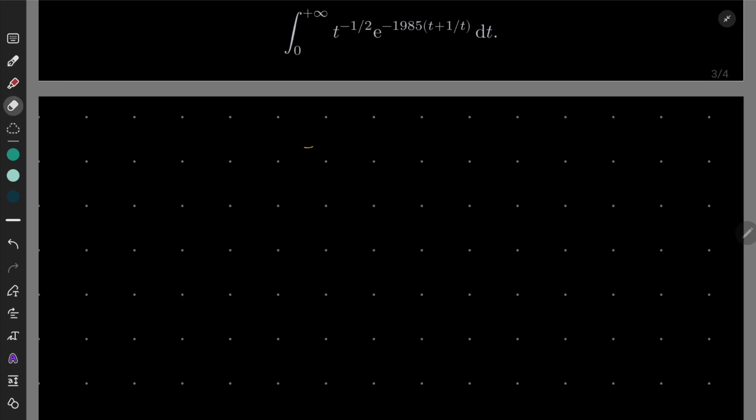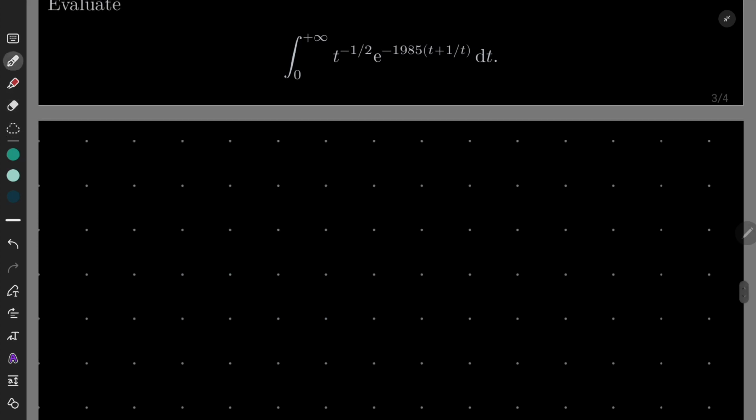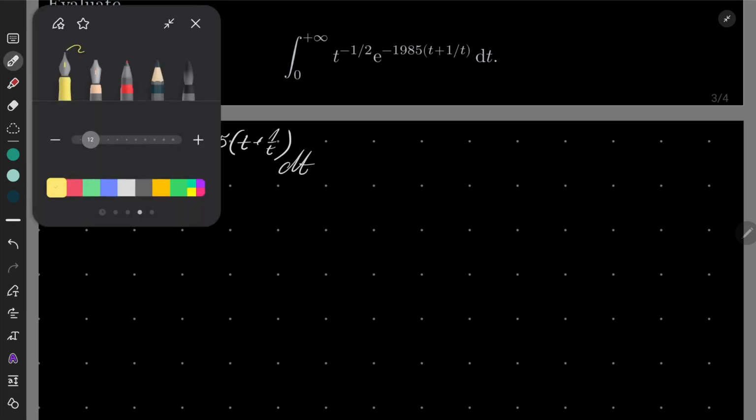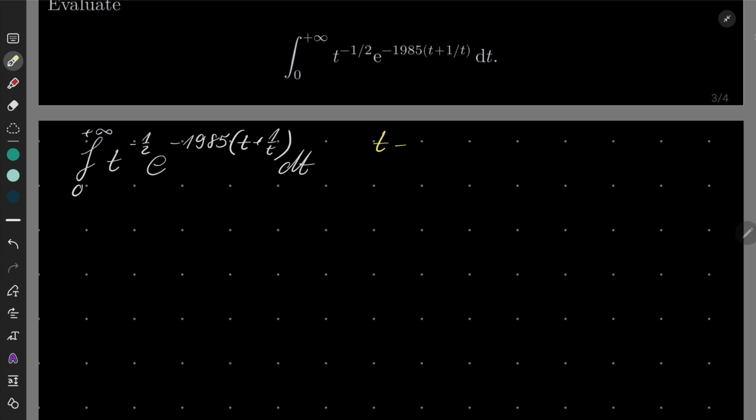Okay, so I hope that you tried your best. And now, first of all, as I suggested, let's take our integral from 0 to plus infinity, t to the power minus 1/2, e to the power minus 1985 (t plus 1 over t) dt. First of all, we make the following substitution: t equals x squared.